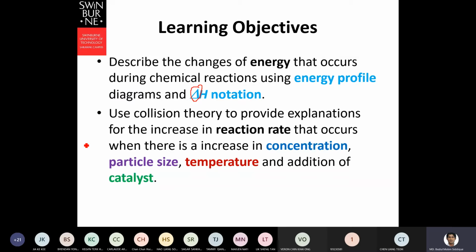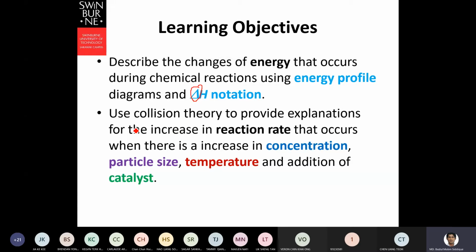Later on, when we move deeper into today's discussion, we will learn about the collision theory, and what is happening at the molecular level when the reaction occurs.